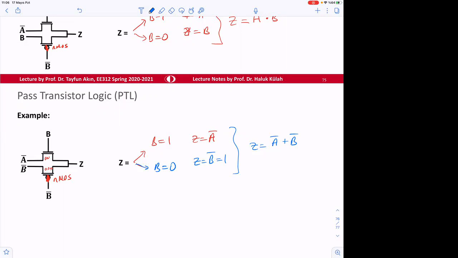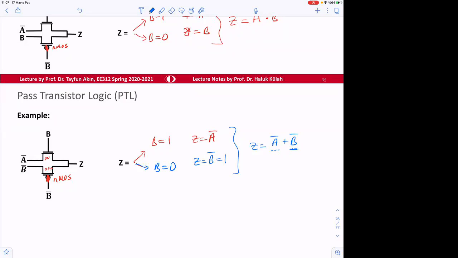When B is 1, this becomes 0. Therefore, output is A bar. When B is 0, then this value is going to be 1, and it doesn't matter what is A or A bar, so it's going to be 1. So correct.